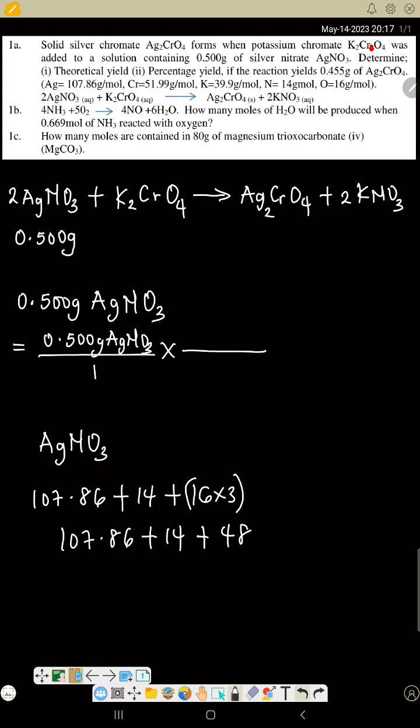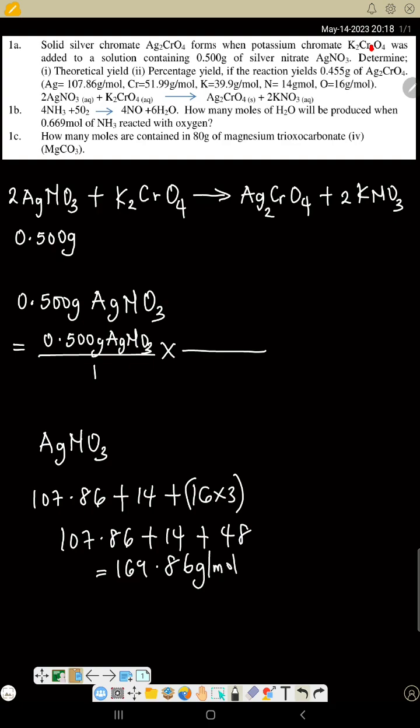So add everything together. This becomes 107.86 plus 14 plus 48. So everything is 169.86 gram per mole.